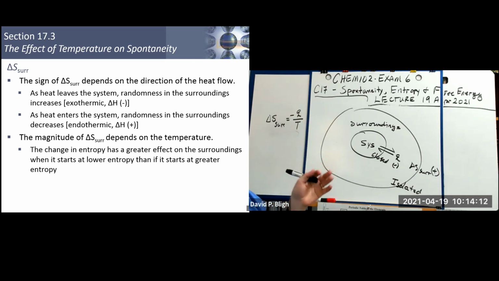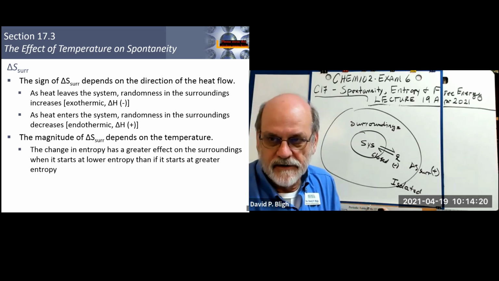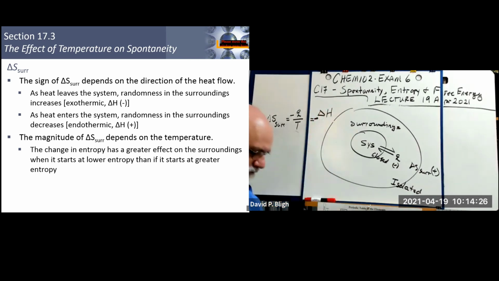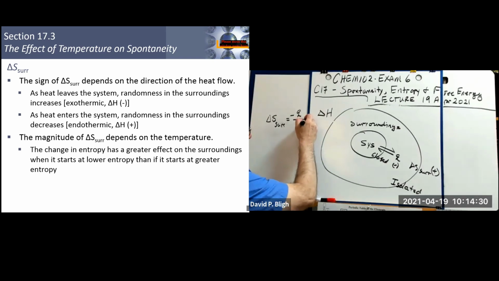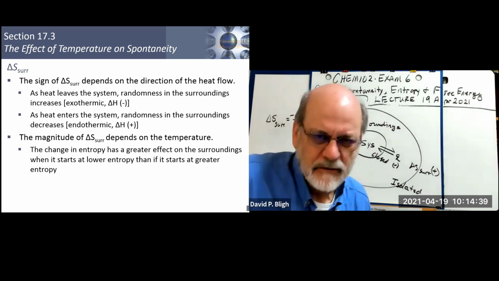Delta Q divided by T. And actually, we're more interested in the potential for a heat transfer. So instead of Q, we're going to write delta H, the enthalpy.